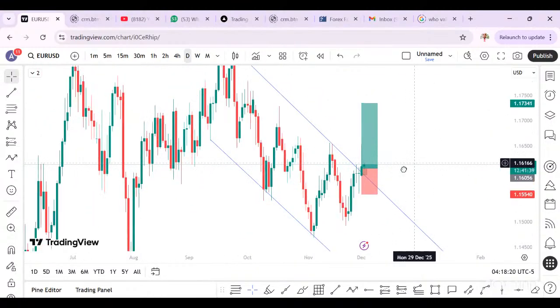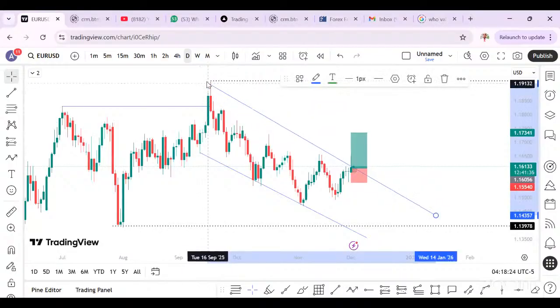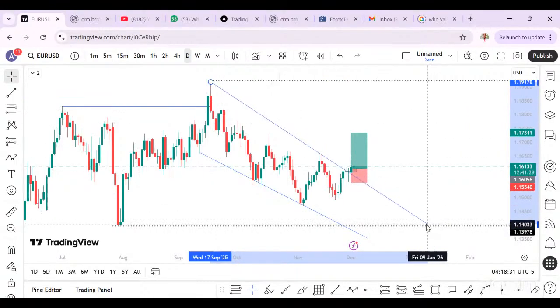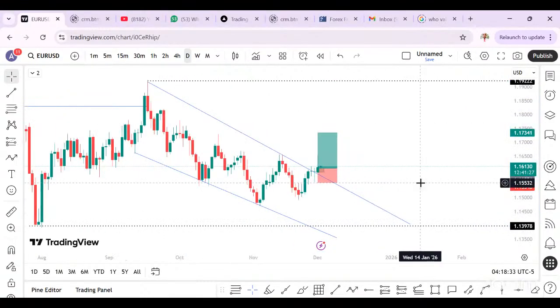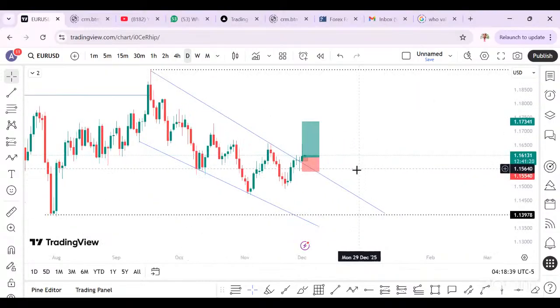So irrespective of whether we draw it like this, or maybe you are the type that loves to draw your own like this, from that top and you put it here, irrespective of the way we draw it, we have a close above that zone. So this gives us a view that this is a bullish reading.